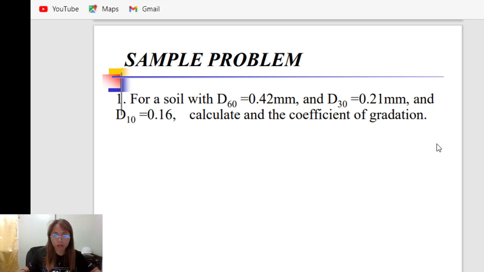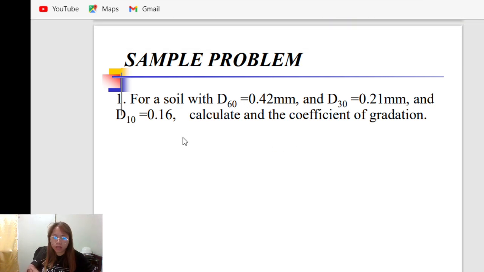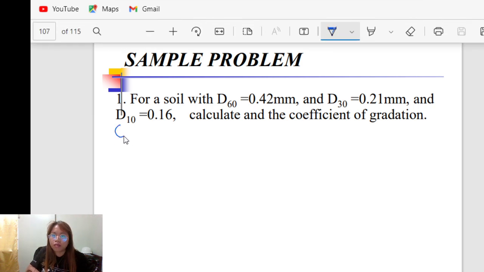There are two coefficients of gradation: the C sub U, the coefficient of uniformity, and the coefficient of curvature, the C sub C. What are the answers for these?